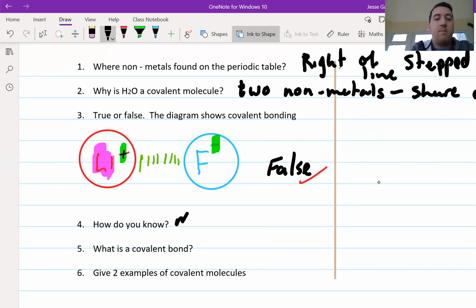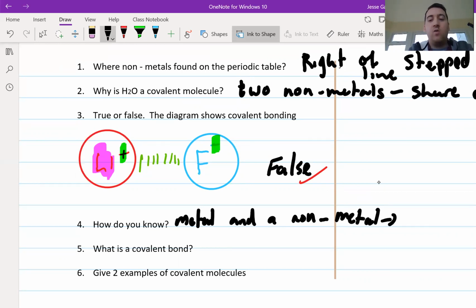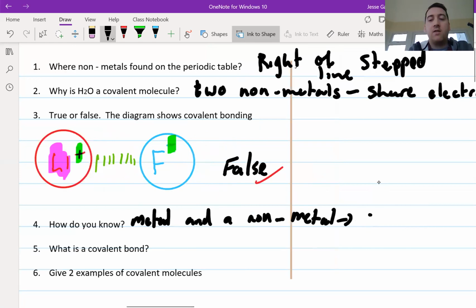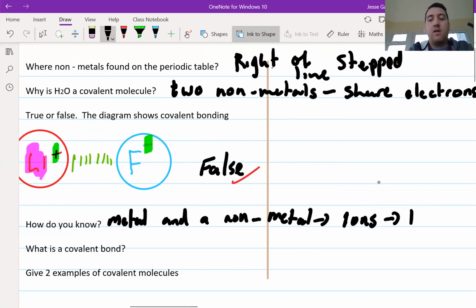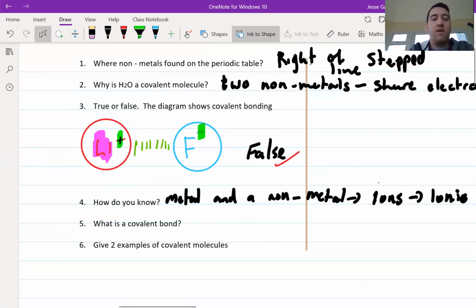Well, we've got a metal and a non-metal, so it definitely is not covalent, it's ionic. It's a metal and a non-metal, and the other thing is that we've got ions, which means it's ionic. We never have ions, pluses and minuses, for covalent.